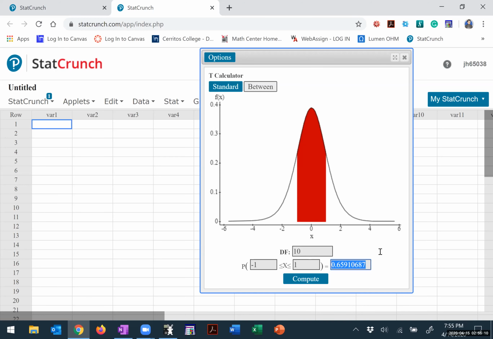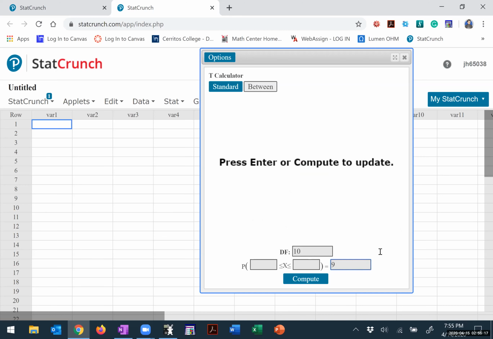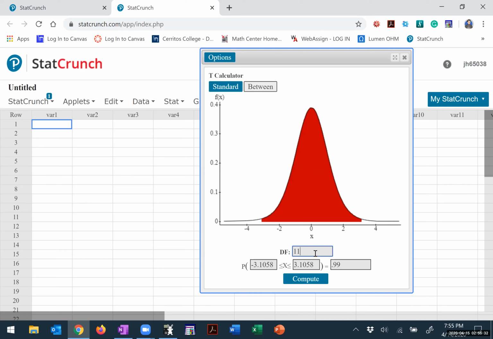Gosh, I thought that they would be able to. We want 99%, right? What's 99%? 0.99. So 0.99, and the degrees of freedom was 11.